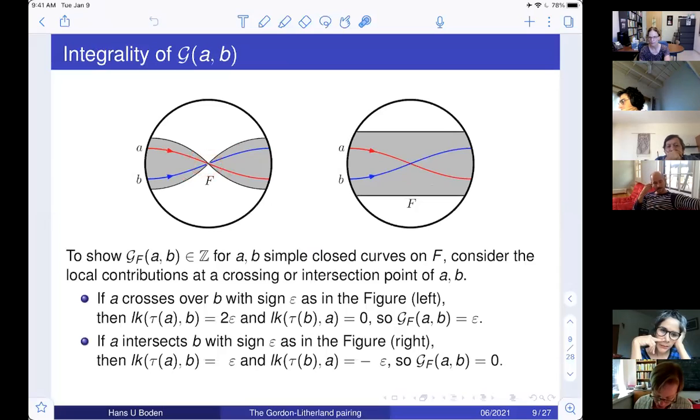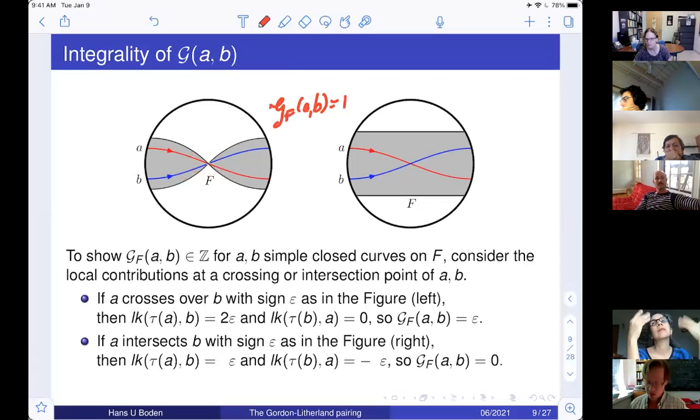So dividing by 2, of course, just removes the 2 from there, and we would get the contribution to the Gordon-Litherland pairing. The contribution to this is 1. And I should have mentioned that the linking number of tau B with A is 0, because both push-offs of B go under A. So there's no contribution in this case.